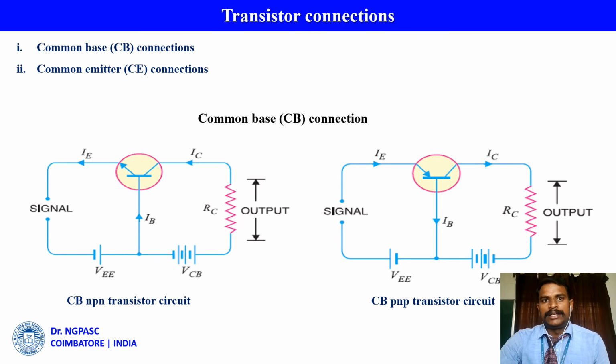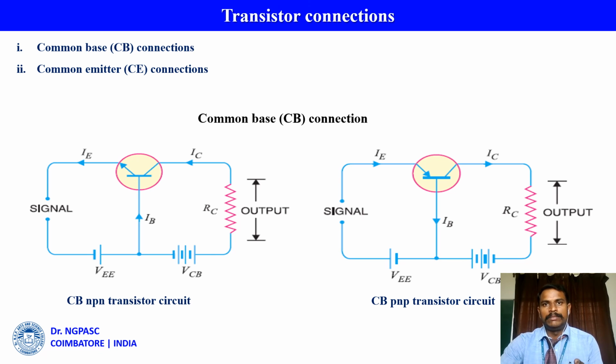Next, transistor connections. There are three leads in a transistor: emitter, base, and collector terminals. However, when a transistor is to be connected in a circuit, we require four terminals: two for the input, two for the output. This difficulty is overcome by making one terminal of the transistor common to both input and output terminals. The input is fed between the common terminal and one of the other two terminals, and the output is obtained between the common terminal and the remaining terminal.